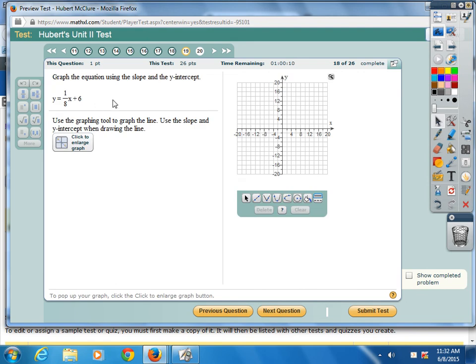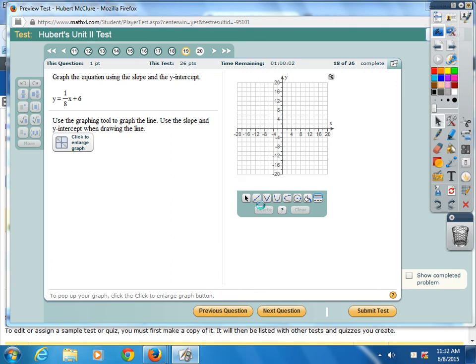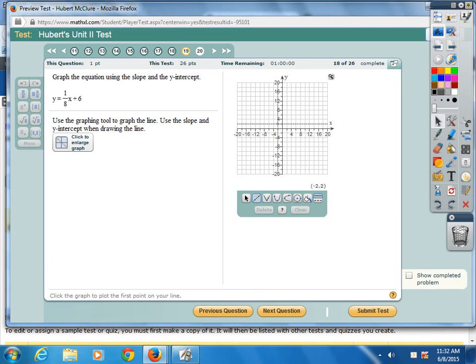Graph the equation. Now this one, you have to use the slope and y-intercept, which is method 3. So go to 6. Zero, positive 6. There's 6 right there. And then 1 down and 2 over.